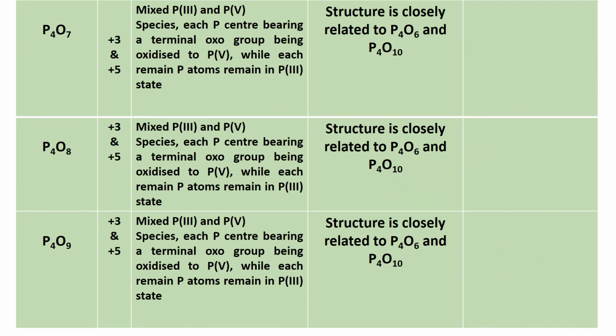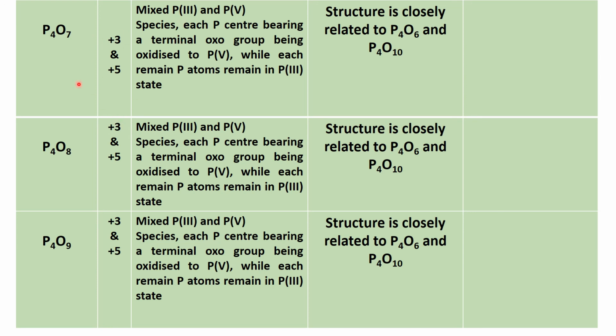Here we show three other oxides of phosphorus, that is P4O7, P4O8 and P4O9. In these molecules, phosphorus shows two different oxidation states, that is +3 and +5, mixed P3 and P5 species.